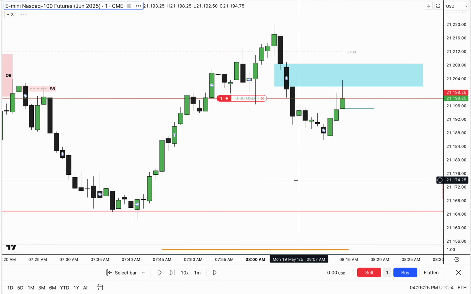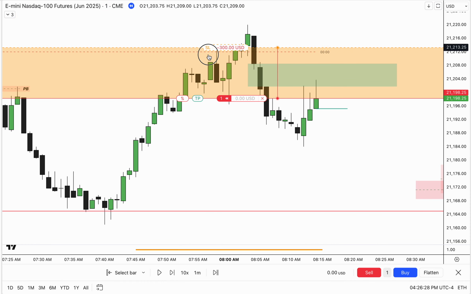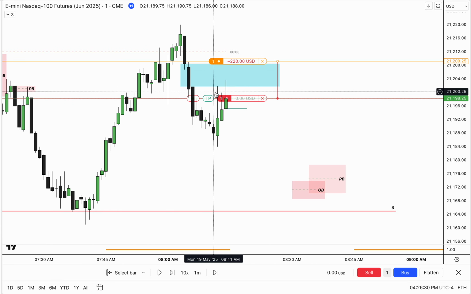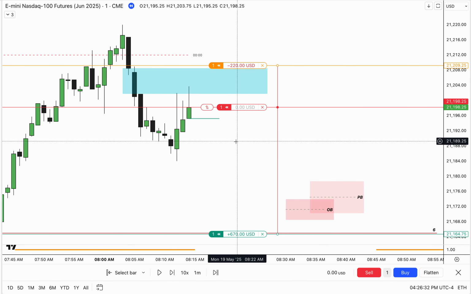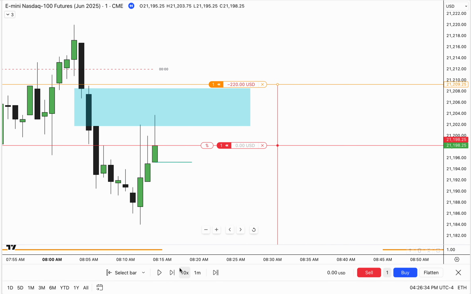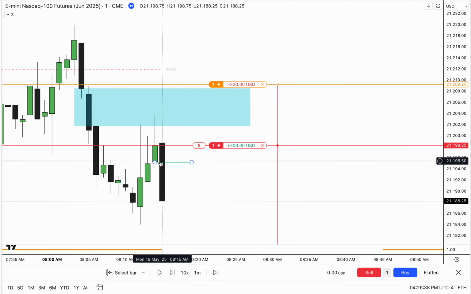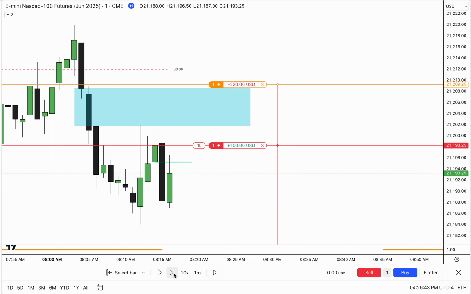So let's go here, we're short. Okay. Boom, that's exactly what we want to see. Now, this needs rebalanced, okay? Price comes up and immediately rebalances and rejects.